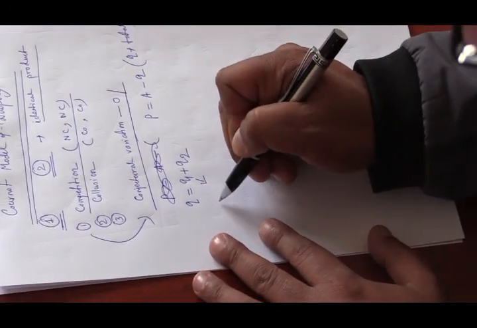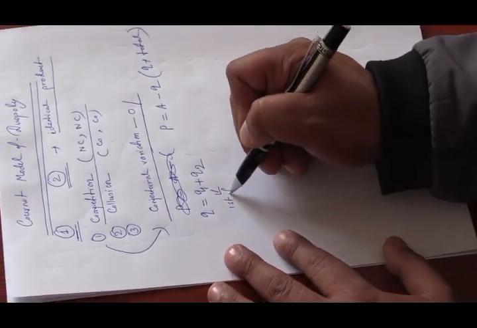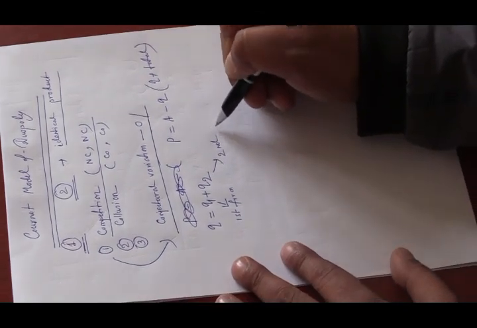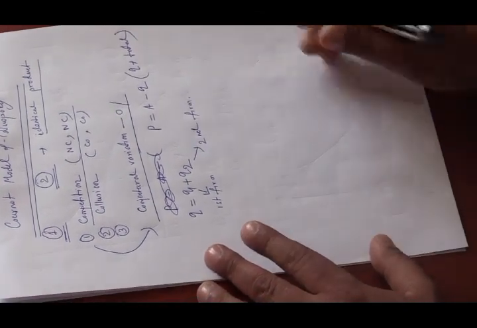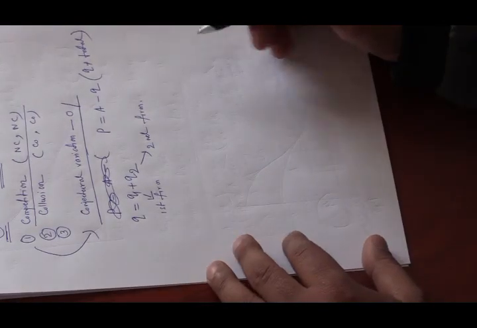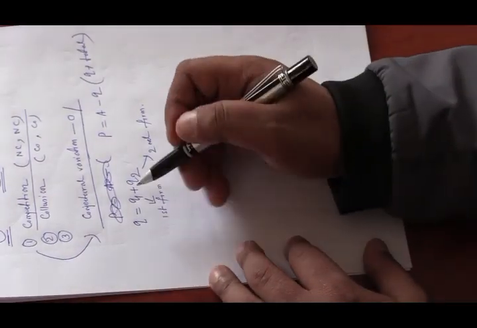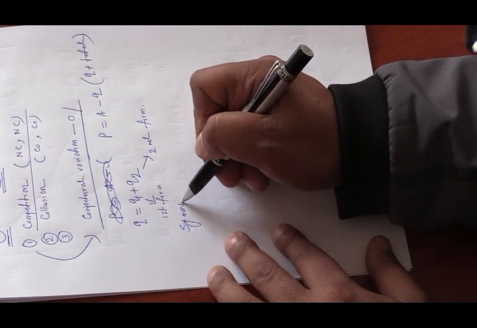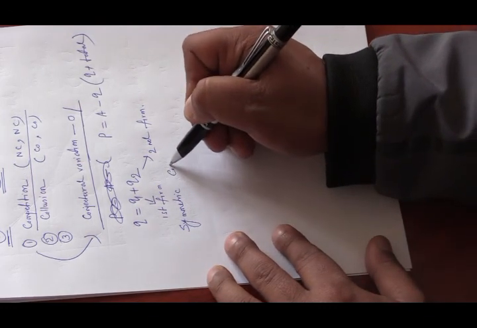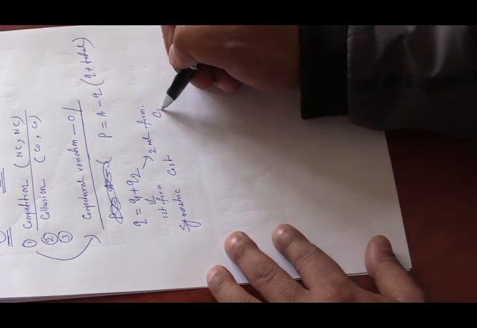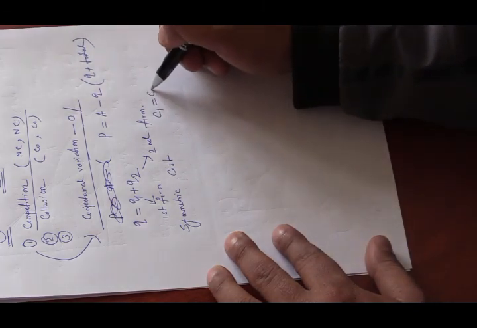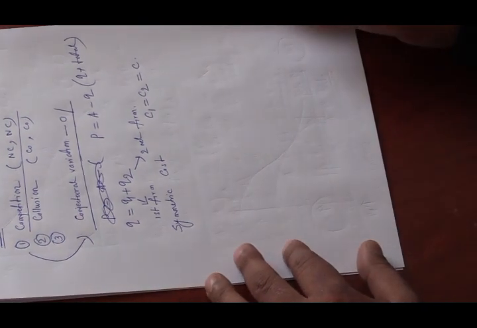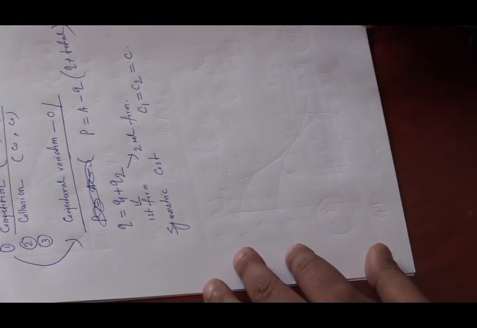Q1 is the output sold by the first firm and Q2 is the output sold by the second firm or second player. Let us start with the symmetric cost, in which we consider the marginal cost of production is constant and equal for both firms: C1 equals C2 equals C.